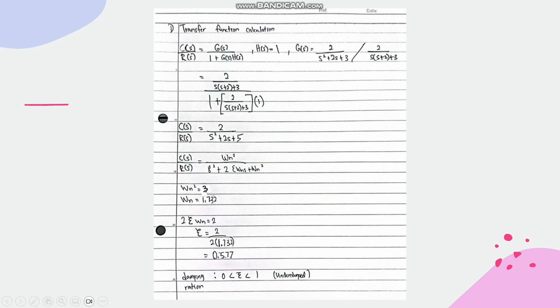So after we substitute these values into the T(s) equation, we can get the final value to be 2 over s^2 plus 2s plus 5. And this is the equation to find the damping ratio. And finally, we get the answer for the damping ratio.